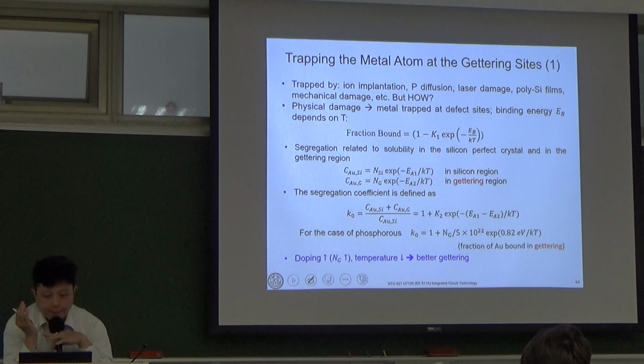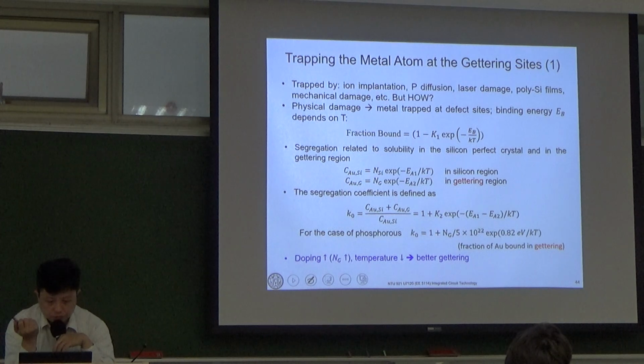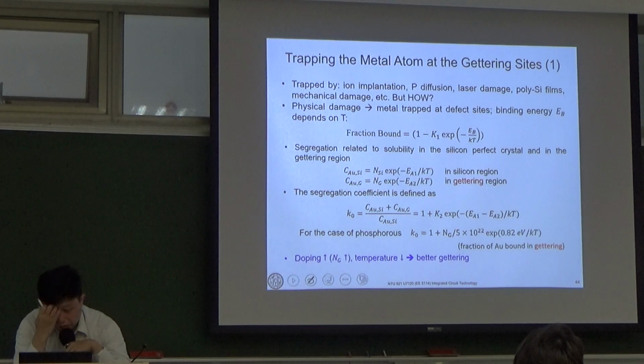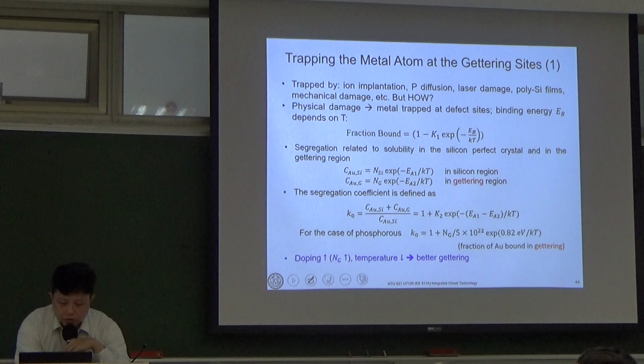And then the third step is to trap the metal ion in this gathering site. During either implantation or diffusion or some damage process, it will create some physical damage.